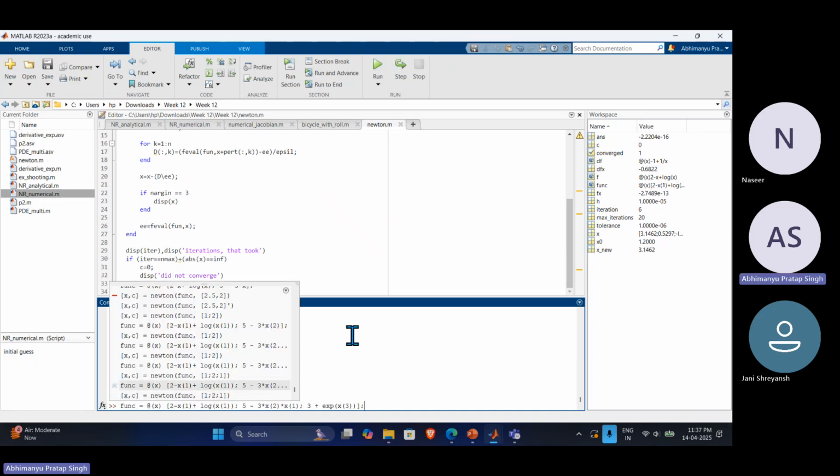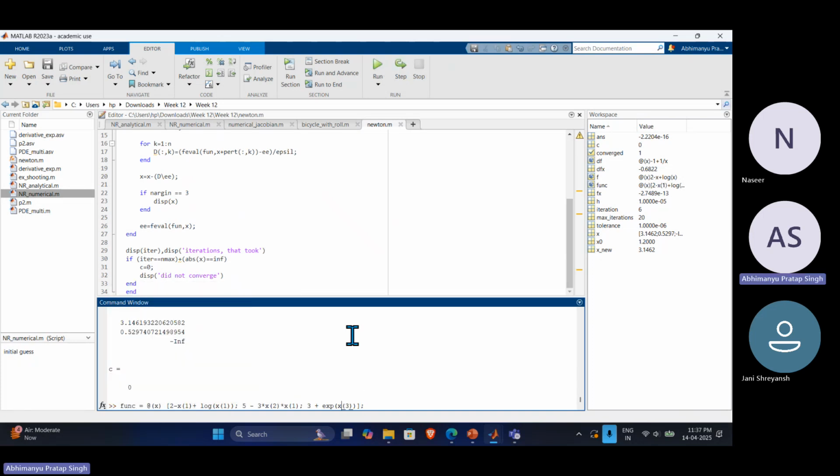Still not converging. You need to choose the function such that it can be solved. I'm just entering numbers in here. So for simple cases, it does work.